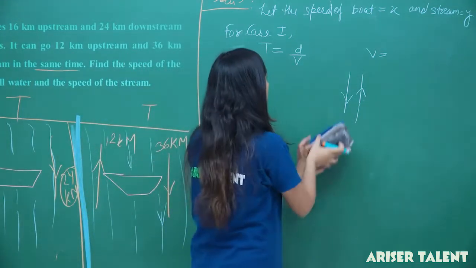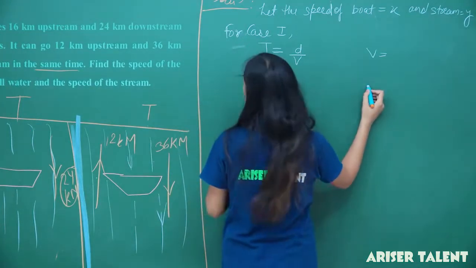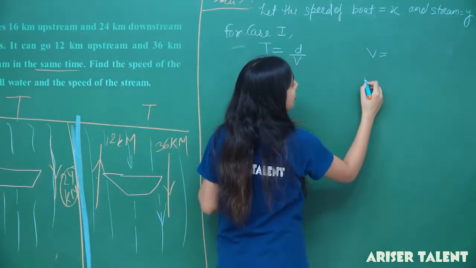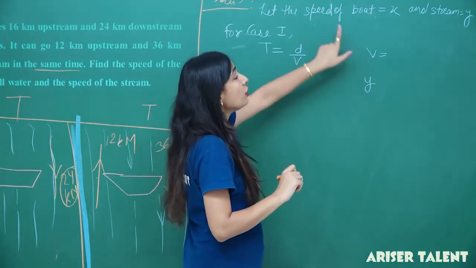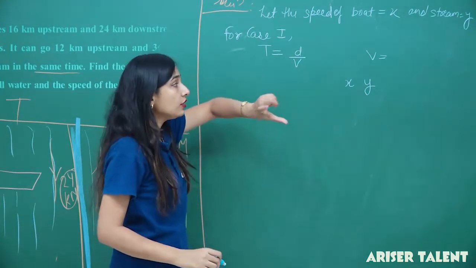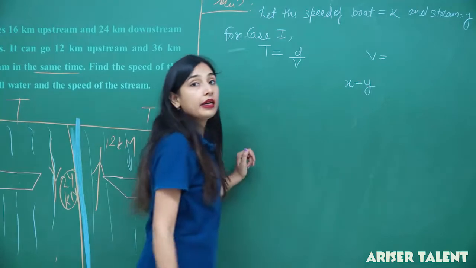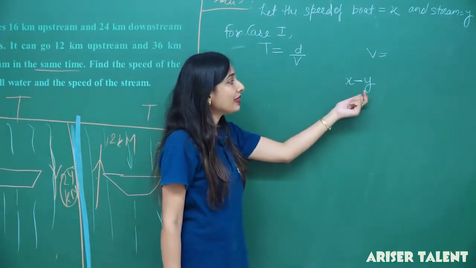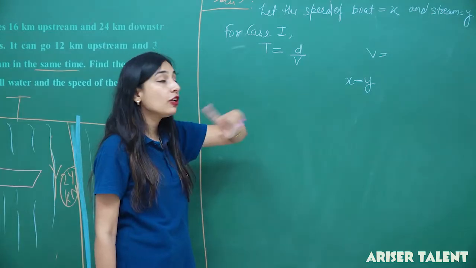Okay, so speed of stream we have assumed y, right. Now, speed of boat x. So the total speed will be x minus y, because this y is the stream speed. It will oppose it, na?